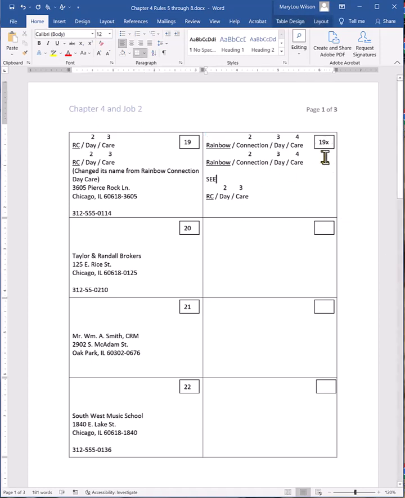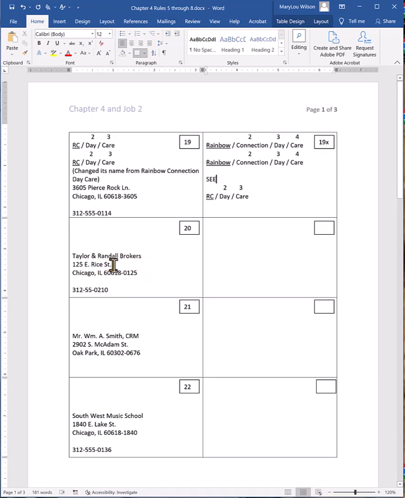So 19X becomes the cross-reference record number. This record is representative of cross-referencing rule number 6 from your reading. Let's go to the next one.